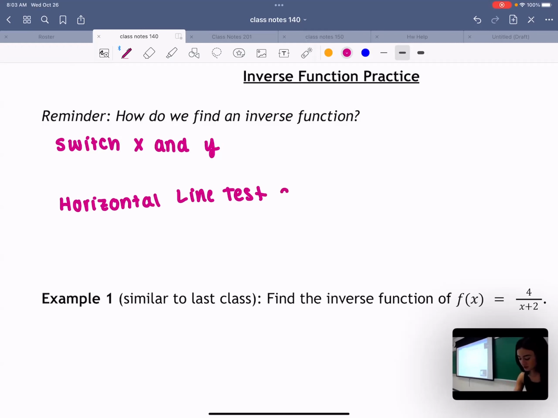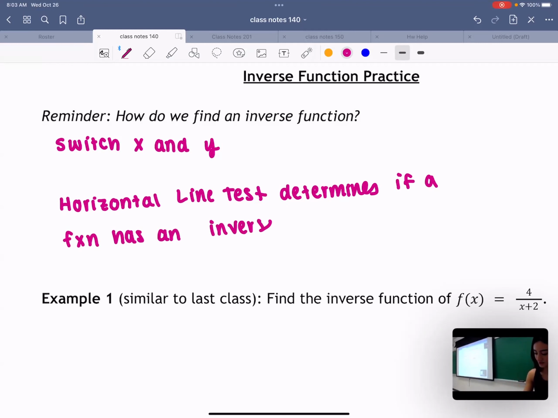So it determines if a function has an inverse. I'll give you one, Olivia. Okay, so basically two things for inverse functions. All you have to know is switch x and y, and the horizontal line test.